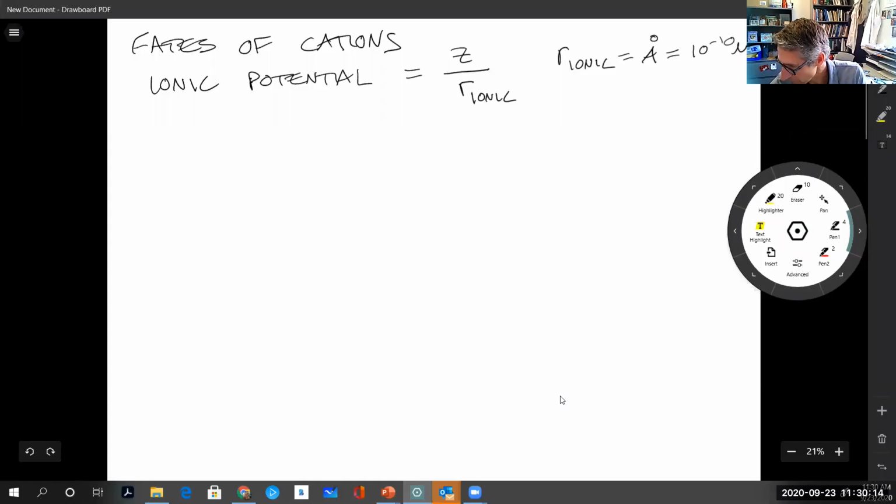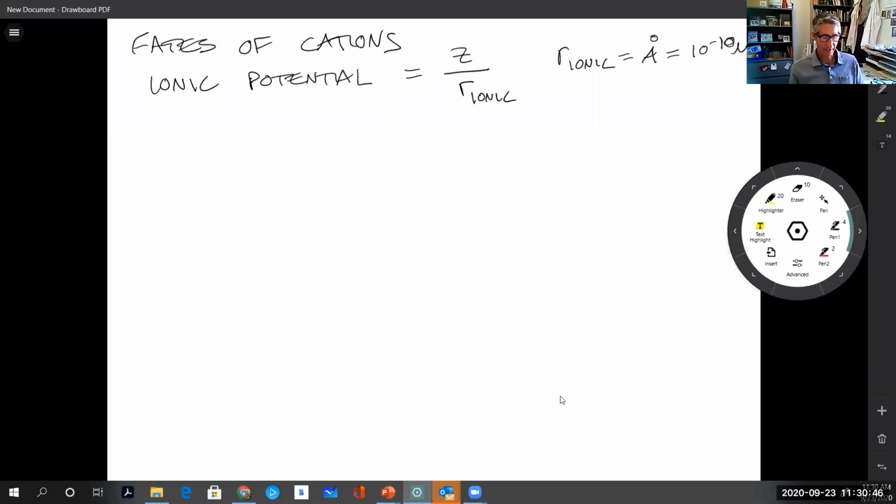You have your periodic table. The periodic table that you have lists the ionic radii of all the ions in here. The units given on the periodic table are in picometers, which is 10 to the minus 12 meters.